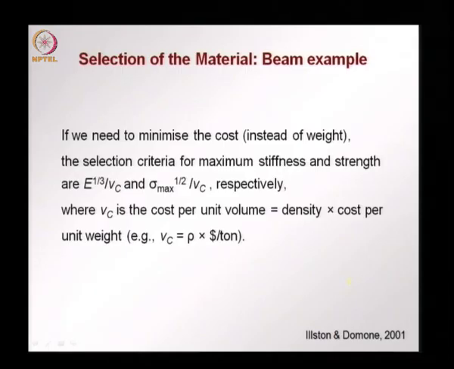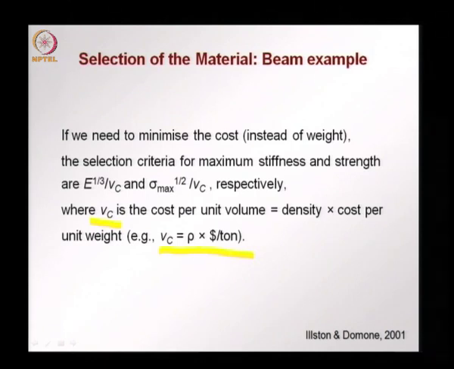So, we often have to minimize the cost instead of just the weight of a material, and we now introduce V sub C, which is the cost per unit volume of a material, given by density times the cost per unit weight. So, V C is equal to rho, which is the density, times the cost per unit weight. I have denoted it as dollars per ton, but it could be any monetary unit, and for simplicity it is denoted as dollar per ton.